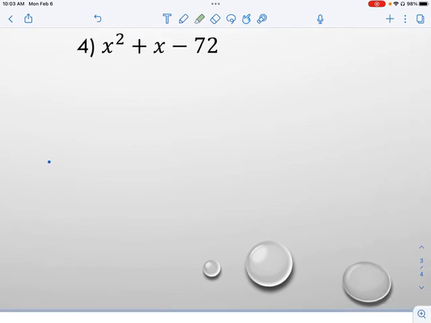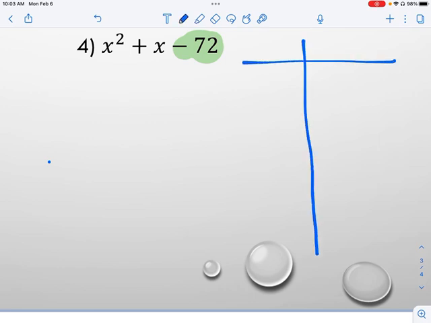Okay, let's take a look at number 4 here. On number 4, once again, we're looking for something that multiplies to give you a negative 72, and it is going to add to give me a positive 1x.